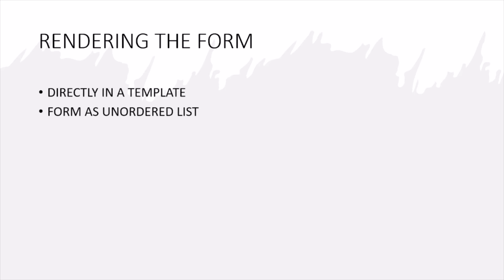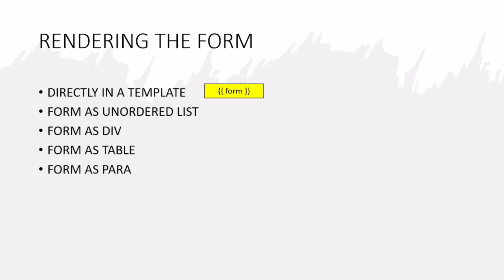Let's see how the form can be rendered. We could render the form either directly in a template, or as an unordered list, as a div, as a table, or as a paragraph. To render the form directly in a template, we just enclose the form variable within double braces, just as we do with other variables.